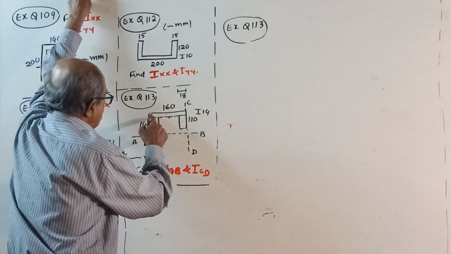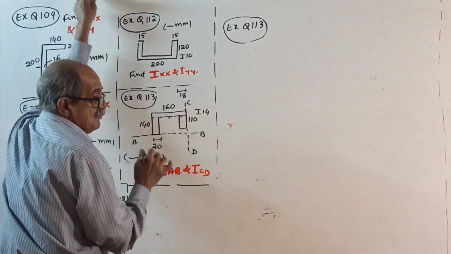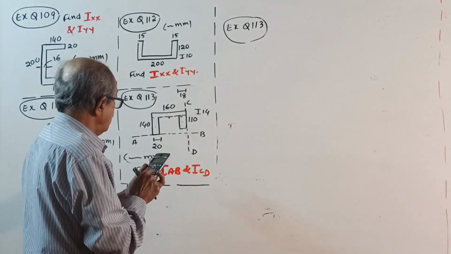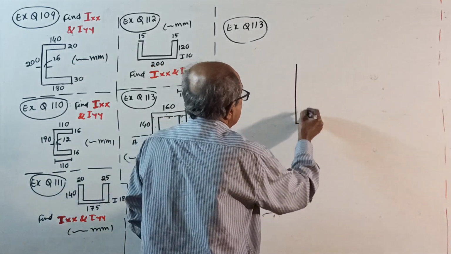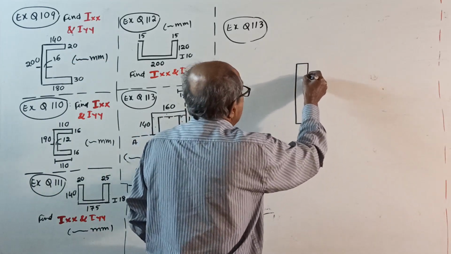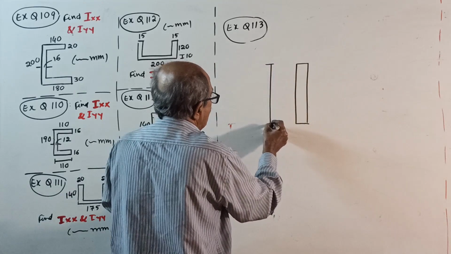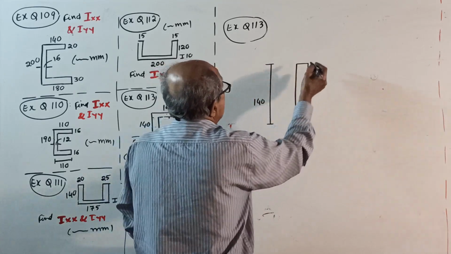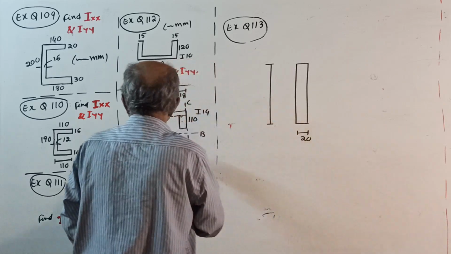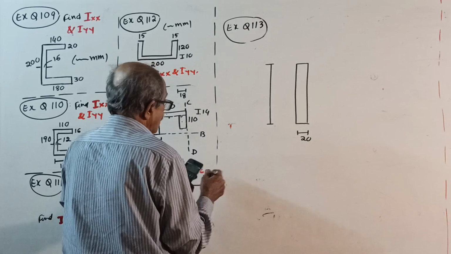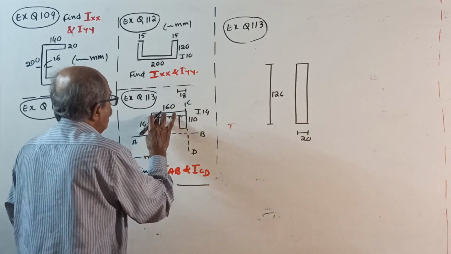1, 2, 3. Okay, this is 140 total, 14 lesser. 140 minus 14 is 126. A rectangle here of 126 by 20. I will write dimension later. This is 140, this is 20. 20 by 126, because up to here I am dividing like this. 140 is full.